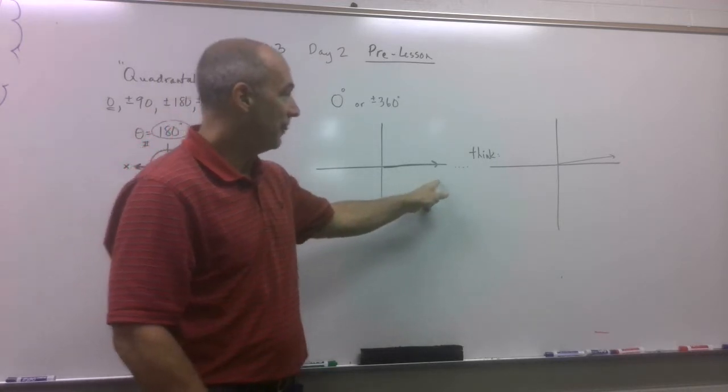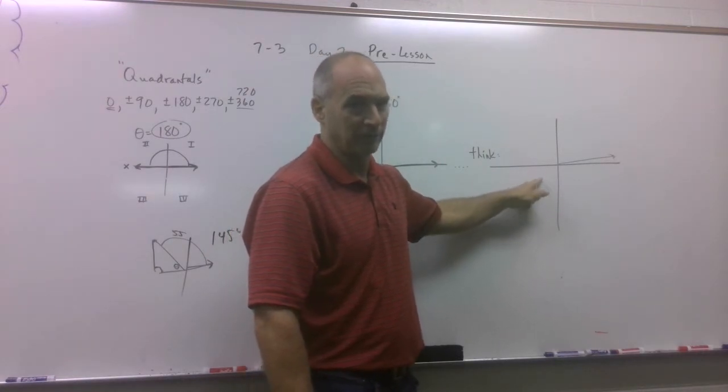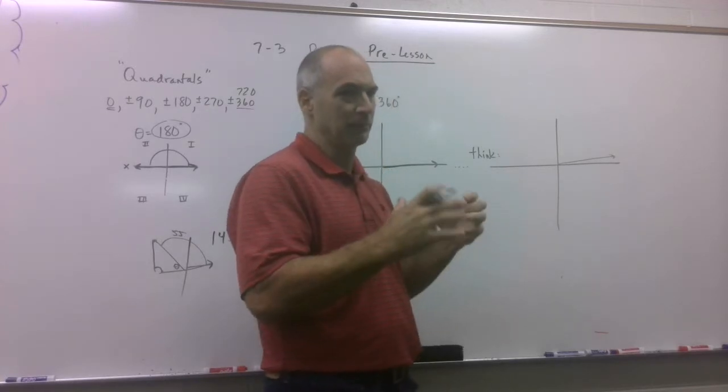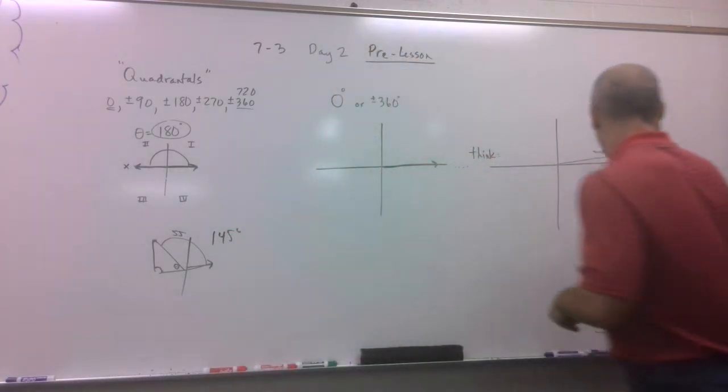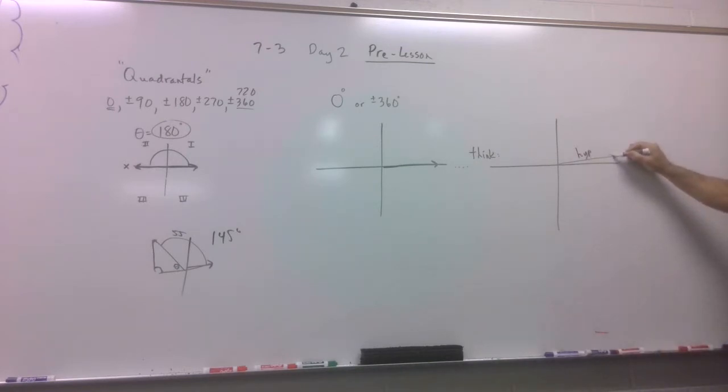But you need to think this. So 0 degrees, 360, you got to go just a little above the x-axis, let your brain process. So remember, the spinner is my hypotenuse. I always create my triangle by going back to the x-axis.